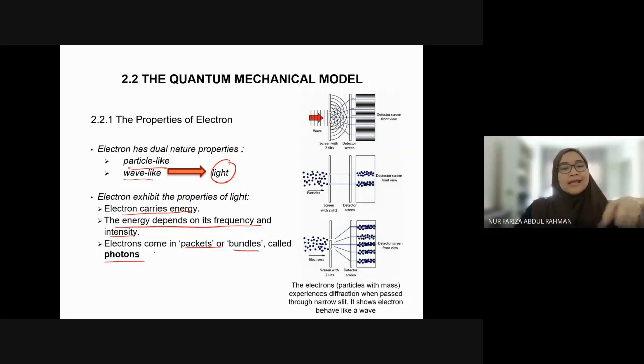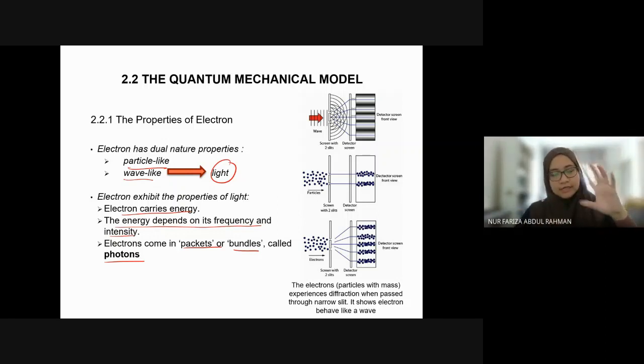We know that electron behaves as a particle because a particle has mass and also volume. Even though it is the tiniest particle present in the atom, it still has mass. Electron still has its own mass. So it is like a particle: it has mass and it consumes space.